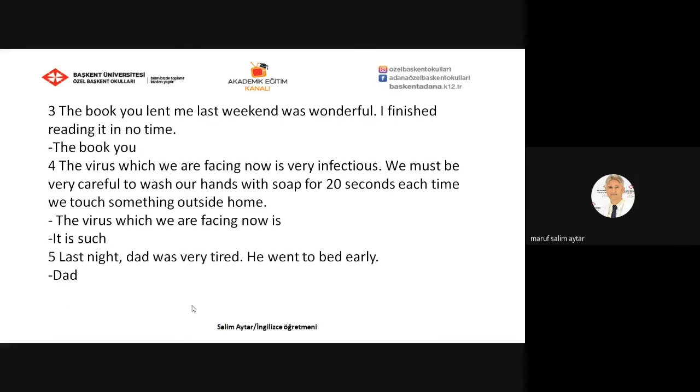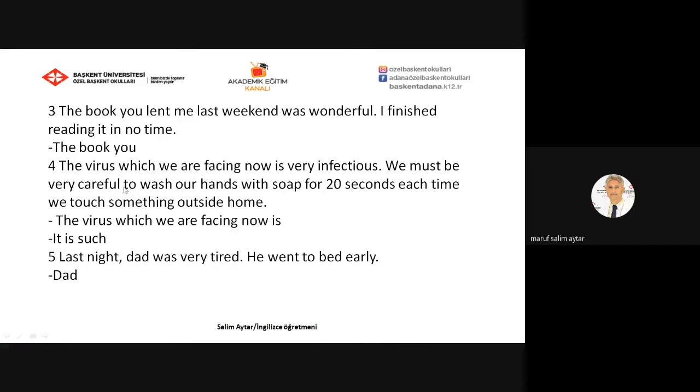The book you lent me last weekend was wonderful. I finished reading it in no time, very quickly. The book you lent me last weekend was blah, blah, blah that I finished reading it in no time. The next question says, the virus which we are facing now is very infectious.